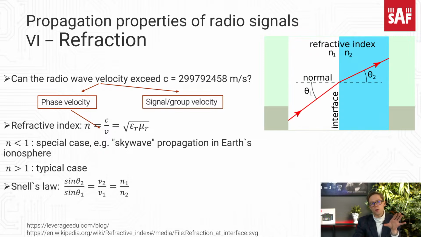This is according to Snell's Law, which binds together the angle of incidence and the angle of refraction when the light, or any other electromagnetic wave, travels from one medium to another. When this happens, we can see the change in the angle relative to the normal to the interface, right?